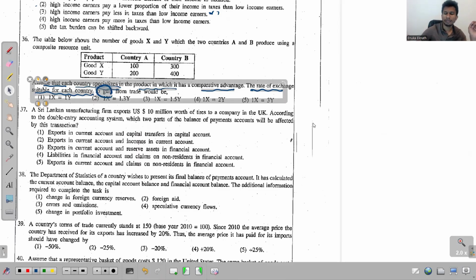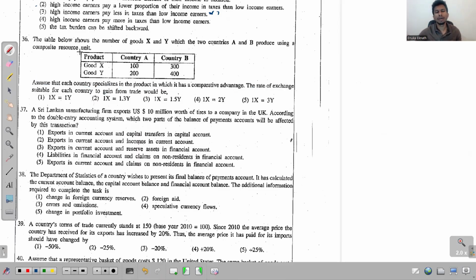All right, let's see. What they ask us for is the mutually beneficial exchange rate. To calculate that, we need to once again find the opportunity cost of producing each good in each country.